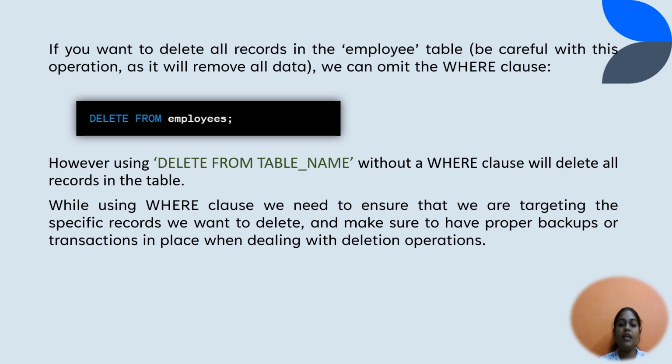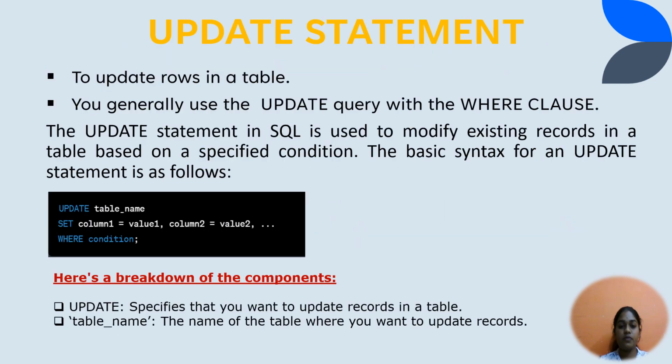However, using DELETE FROM with the table name without the where clause will delete all the records in the table. While using the where clause, we need to ensure that we are targeting the specific records we want to delete, and make sure we have proper backups or transactions in place when dealing with deletion operations.